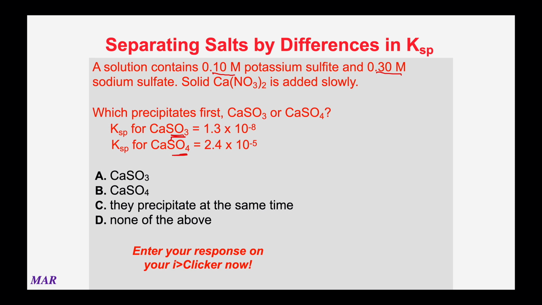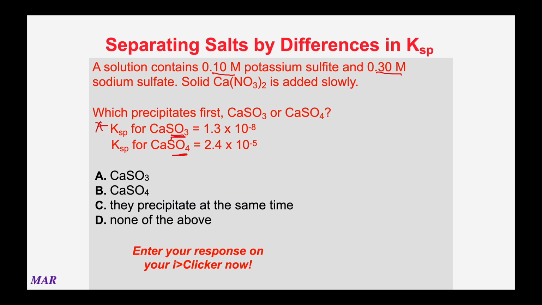Most of the time in these cases, the smaller KSP will tell you which one precipitates first. So because the calcium sulfite is 1.3 times 10 to the minus 8, and that's a lot smaller than the 10 to the minus 5, I'm going to predict that calcium sulfite is going to precipitate first.